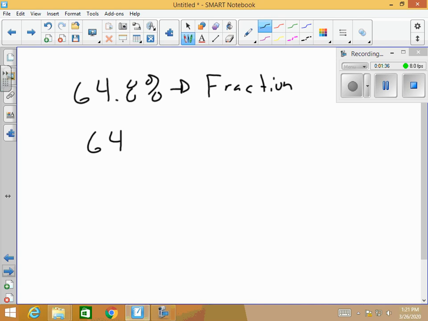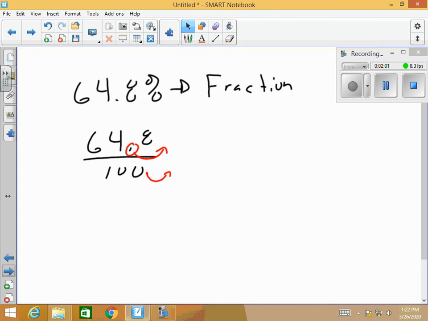Easiest thing to do, that is 64.8 over 100. Now we've got a decimal and a fraction here. So really, we don't want that. We want to take this decimal and get it out of there. So I move it to the back. Well, by moving it to the back, I actually multiplied it by 10. So what I do to the top, I got to do to the bottom, which inserts another 0 here.